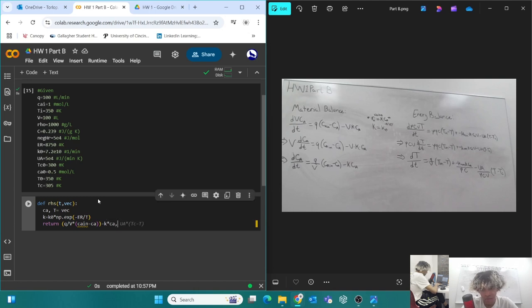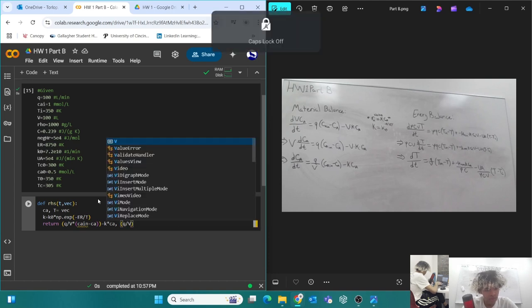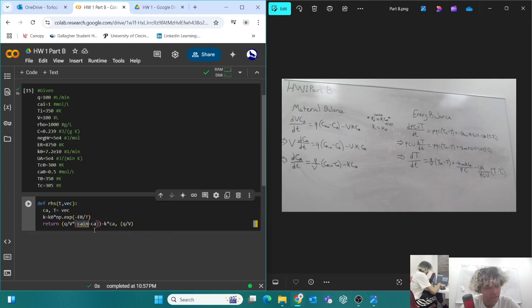Then we're going to do the other one, which is Q divided by big V. I just realized that concentration in is the same as concentration I; I should have specified that, my apologies.